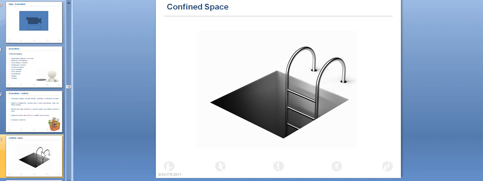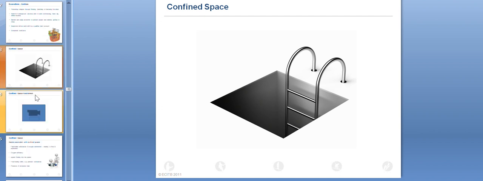Any vessels, tanks or underground tanks that have no proper ventilation, no lighting, and no proper access and egress are considered a confined space.